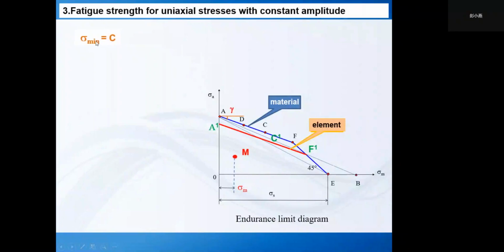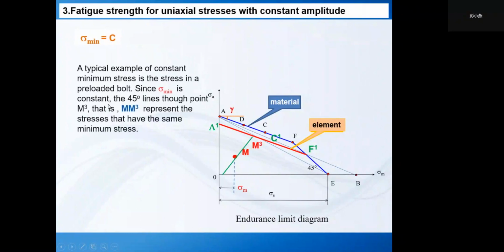And if the minimal stress is constant, we draw a line at 45 degrees through point M, and then we obtain the coordinate of M3.